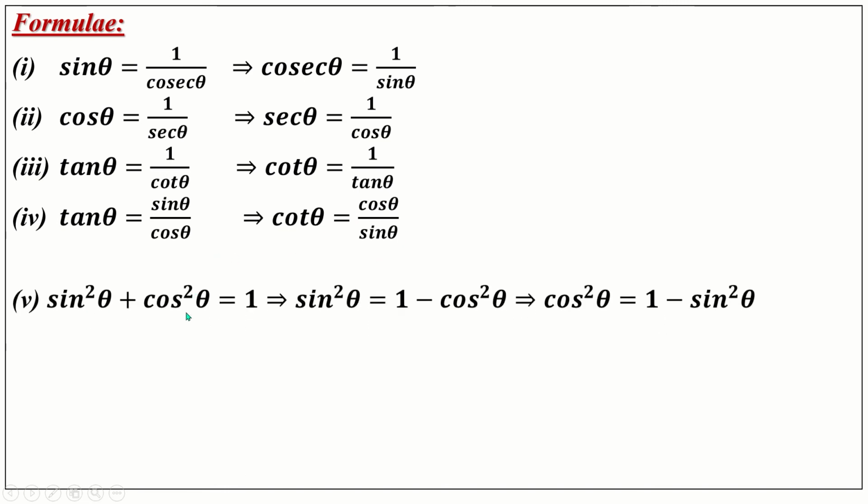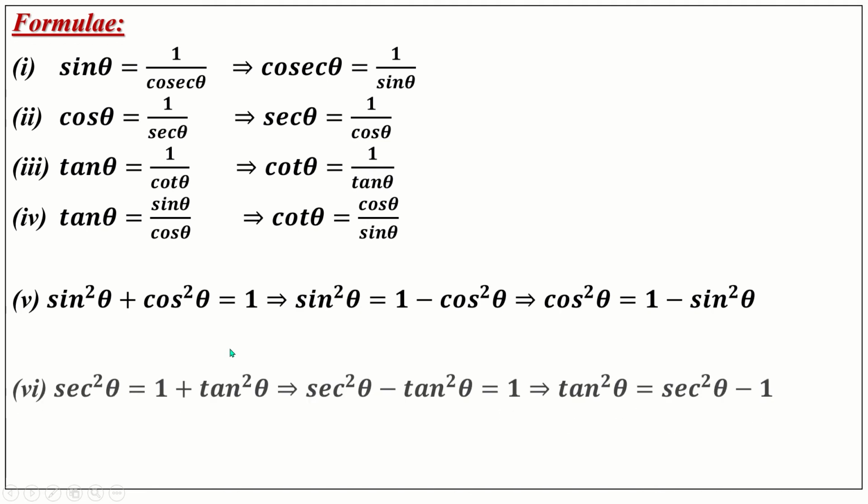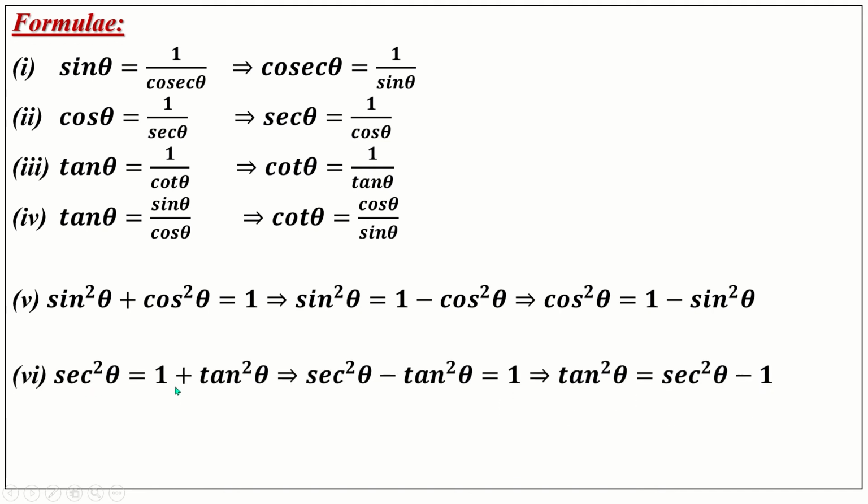Also, sin square theta plus cos square theta is equal to 1. From here, we can write sin square theta is equal to 1 minus cos square theta. Also, cos square theta is equal to 1 minus sin square theta. Here, sec square theta is equal to 1 plus tan square theta.